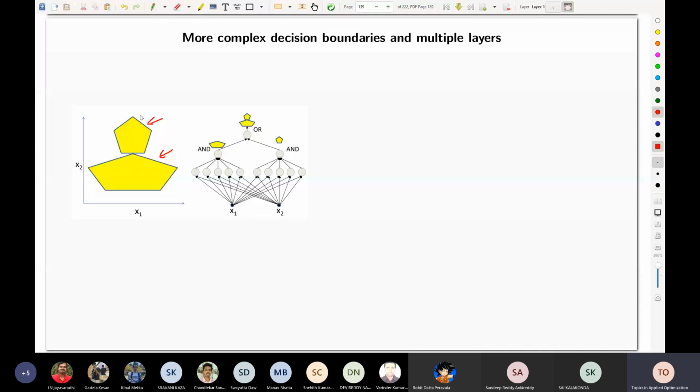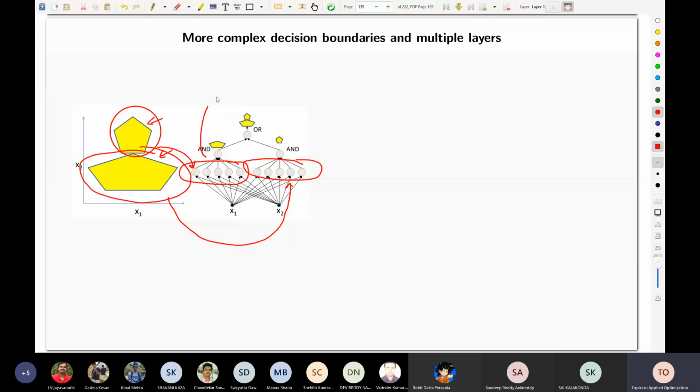For one pentagon I will choose this set of perceptrons, and for the other pentagon I will choose another set. So these are the first 5, and these are the second 5. They are learning: the first set learns the first pentagon, and these others learn the second pentagon.